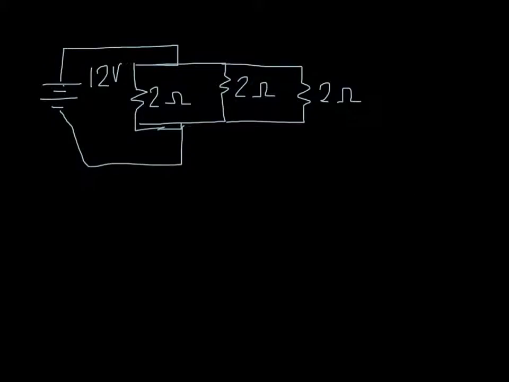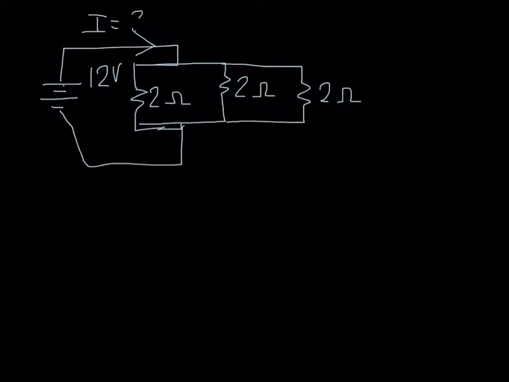We're going to look at this circuit. We have a 12-volt battery and three 2-ohm resistors in parallel. We want to find the current. Now, this is nowhere near the series circuit. It's a little bit harder, but not that much.